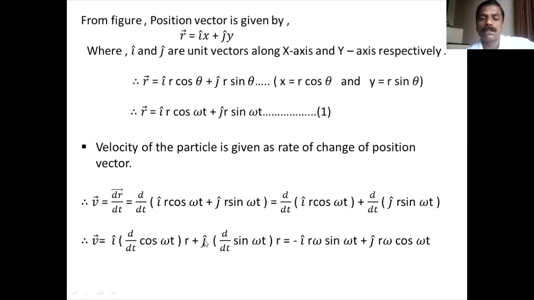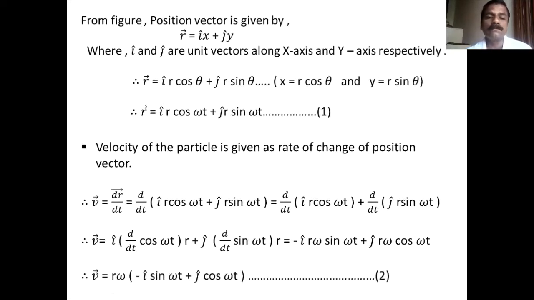How do we find the derivative of the second term? First the constants, j cap, r and omega, and the derivative of sine is definitely cos omega t. So this is nothing but the expression for the velocity.